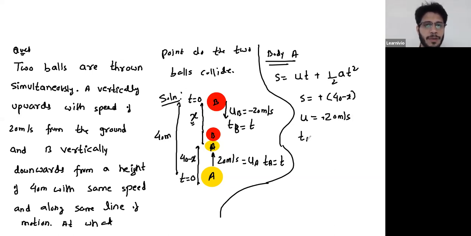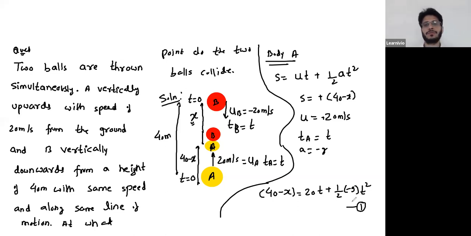And the time taken by body A is T only. If I substitute all these values here, you will get 40 minus X is 20T plus half, your acceleration is minus G, into T square. That is your first equation. This is for body A.